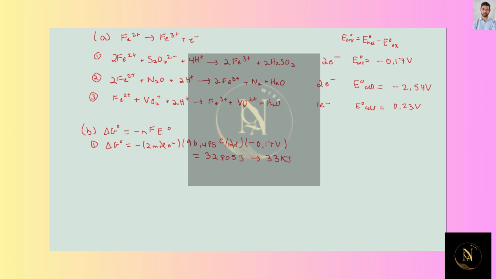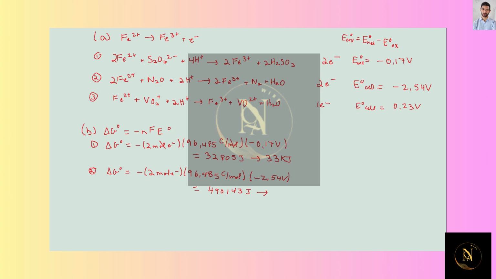kilojoules. On question 2, reaction 2, delta G is going to be equal to negative, and again this is 2 moles of electrons for the second reaction, times my 96,485 coulombs per mole, times my volts, which is negative 2.54 volts, and that I'm going to get in 490,143 joules.